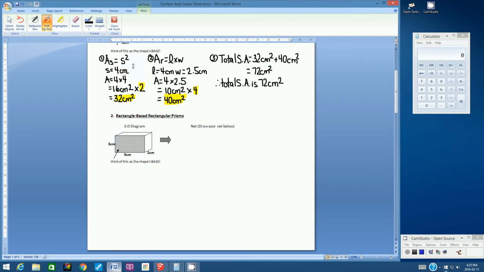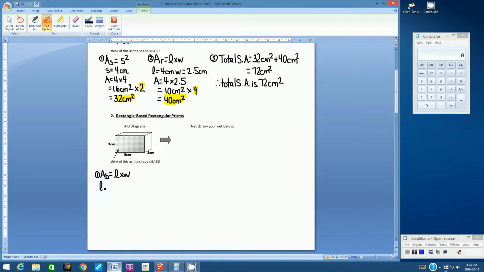Okay, so as we did with the first example, let's start with the base. Well, the base is a rectangle because this falls under the category of rectangle-based rectangular prisms. So let's start with our formula for area of a rectangle. Area of the base equals length times width. We have a length of 5 and a width of 3.